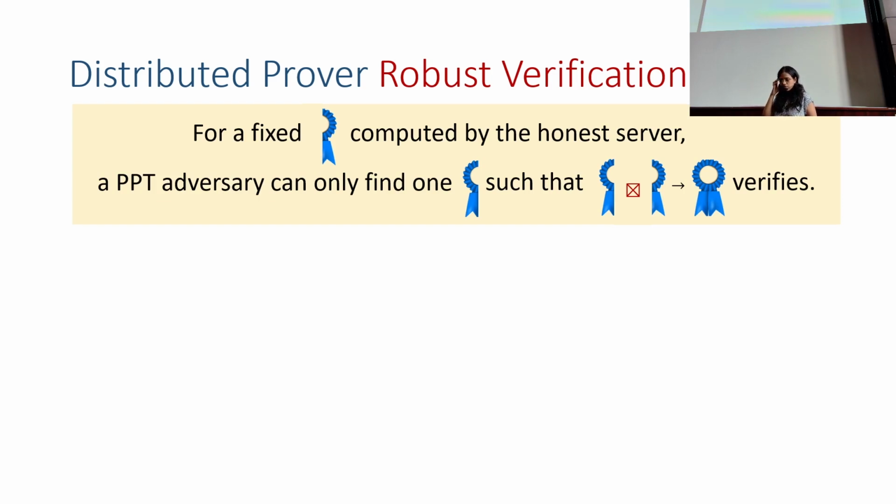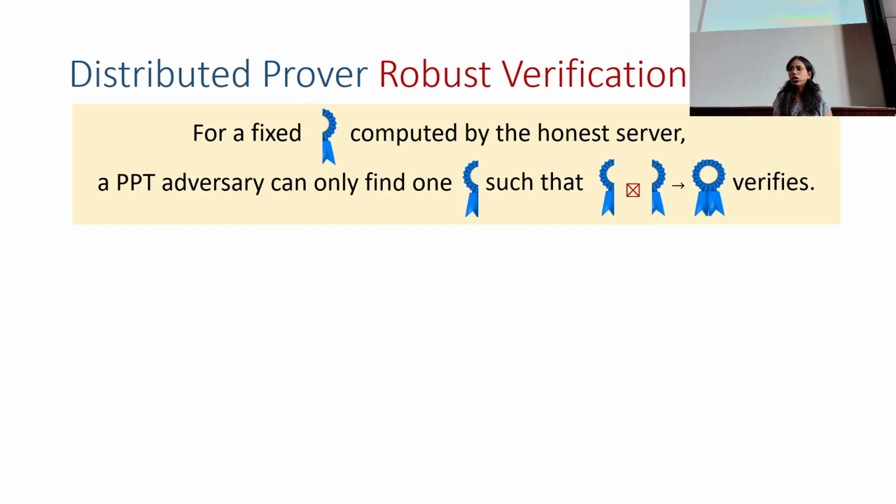For any fixed proof share computed by an honest server, we say that a SNARG proof satisfies distributed prover robust verification if a PPT adversary can only find one unique proof share such that the overall reconstructed proof verifies. In other words, there's only one unique proof share that the adversary could have come up with, which will lead to an accepting proof. And that is the proof share that is obtained by honestly running the evaluation algorithm that we just designed.